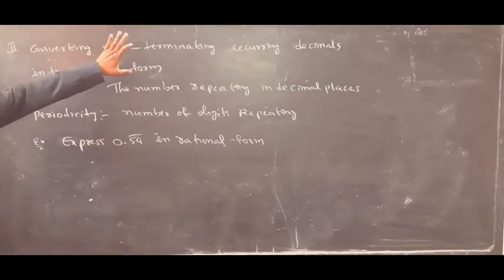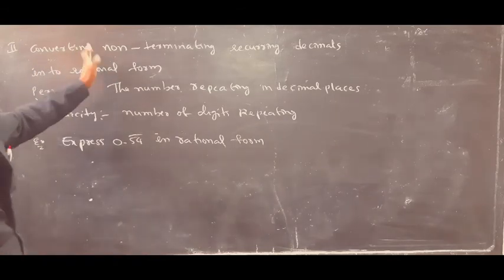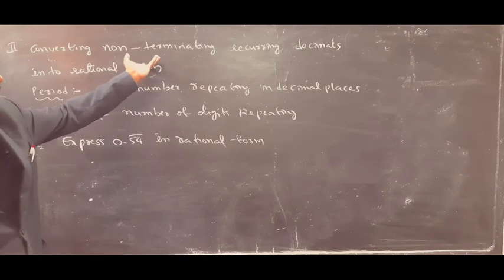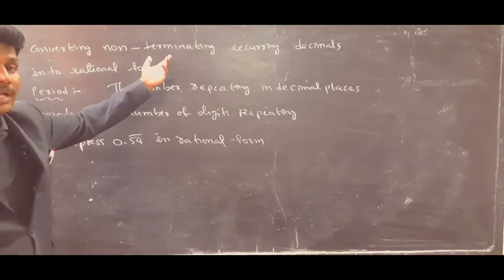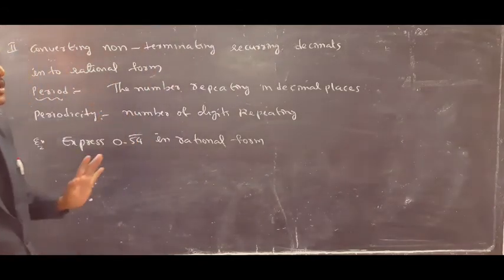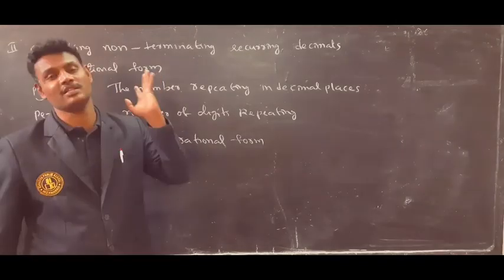Converting non-terminating recurring decimals into rational form. In the previous part we completed converting terminating decimals to rational form. But here you have to convert non-terminating but recurring decimals into rational form. To convert that, first you have to know two words: period and periodicity.